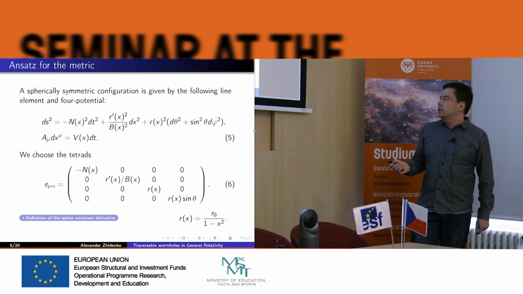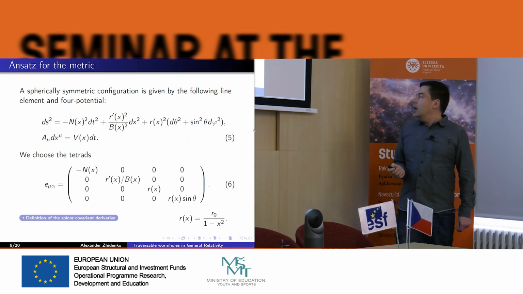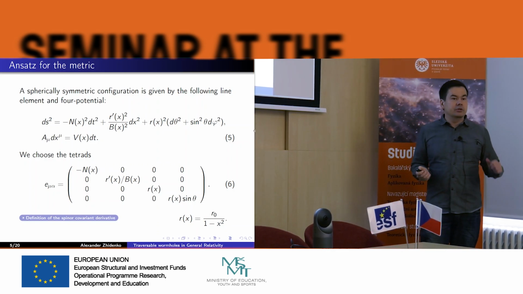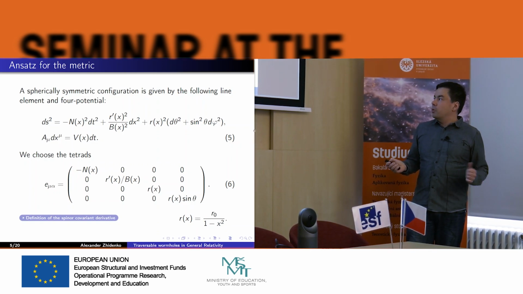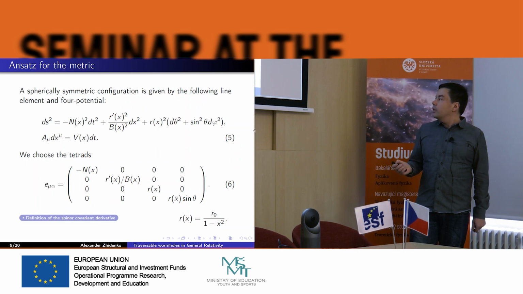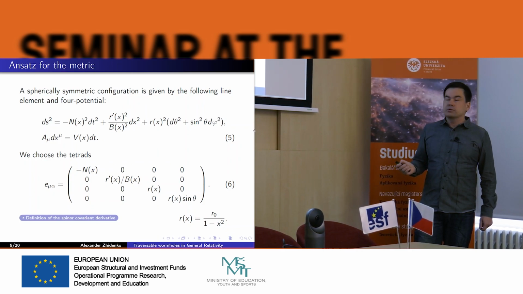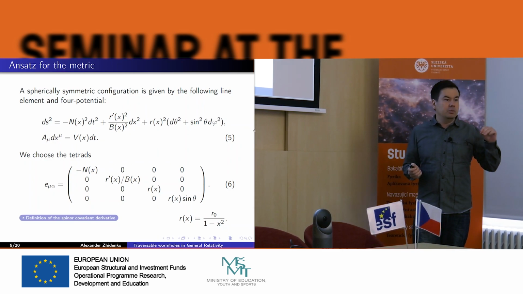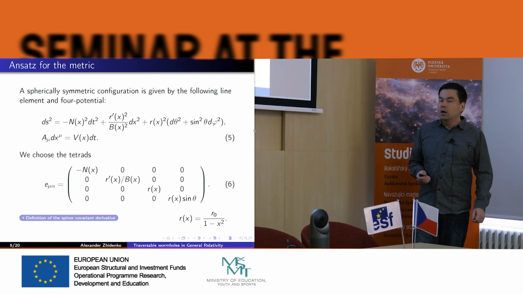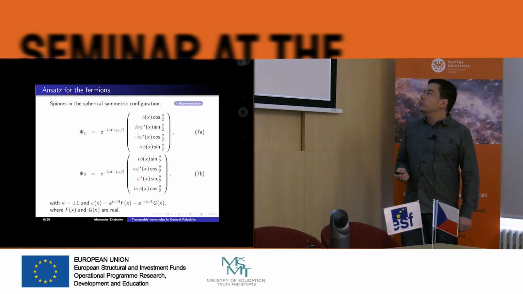If we have negative parameter x, then we consider one side of the throat, and for the positive x we have other side, and R0 is the minimum of this function, which is exactly the throat in between these two spacetimes.